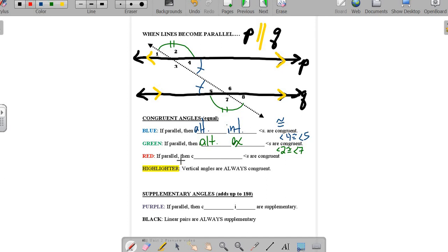If lines are parallel, corresponding angles become congruent. Corresponding angles would be one in, one out, same side. An example of that would be angle 4 and angle 8 are congruent. One's in, one's out, same side.